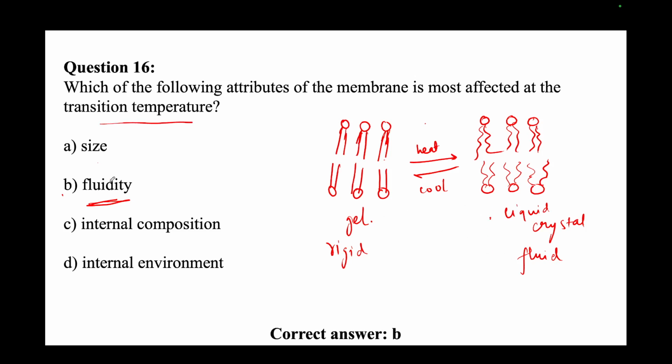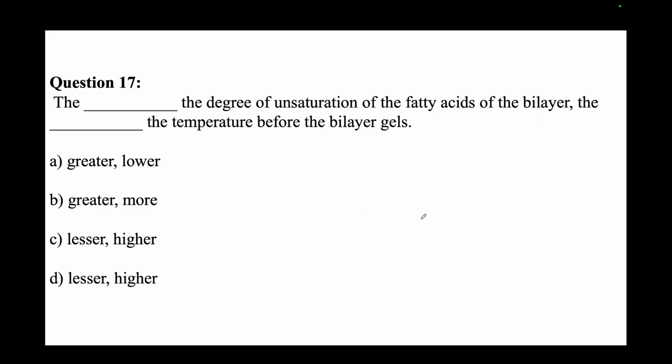Okay, so the correct answer is option B. This is clear? So, fluidity is most affected in the membrane at a transition temperature.